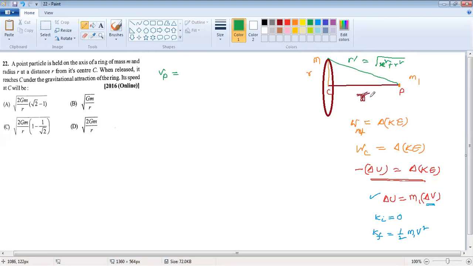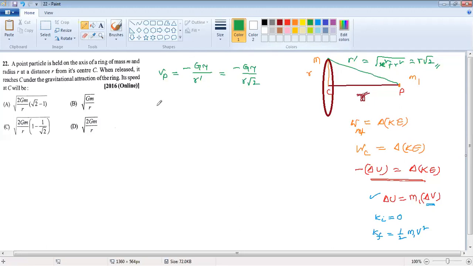He gave that the axial distance is x, and now x equals r, so we can substitute r into root 2. Now the potential equals minus GM by r dash, which is minus GM by r root 2. This is the potential due to a ring at its axial point, root over x square plus r square, that concept.